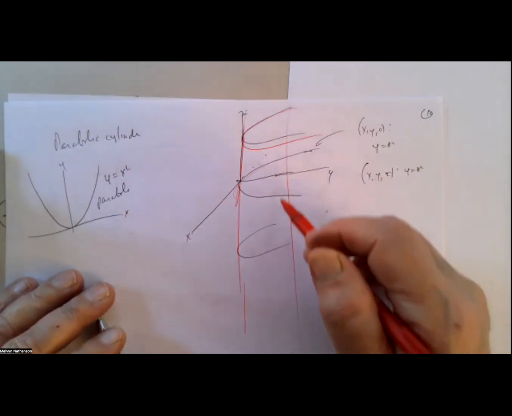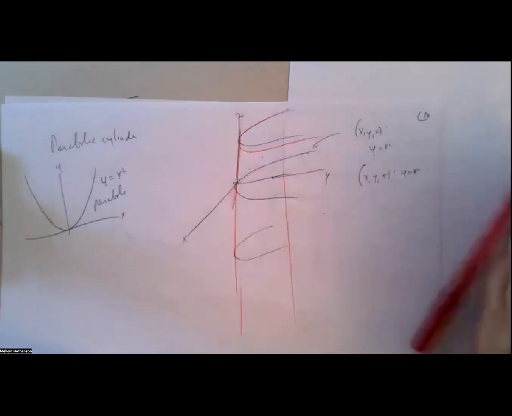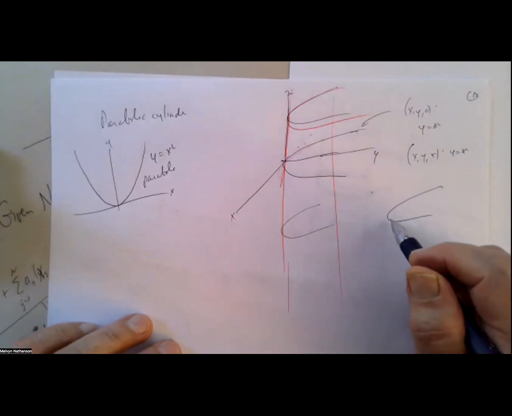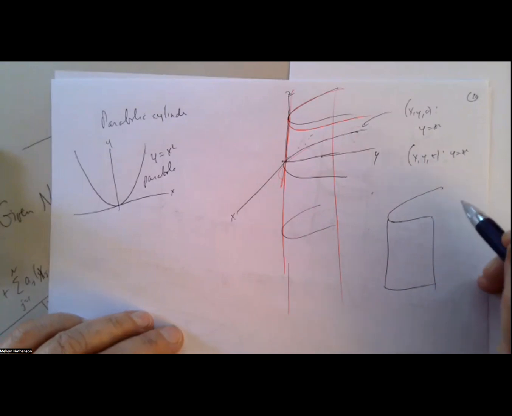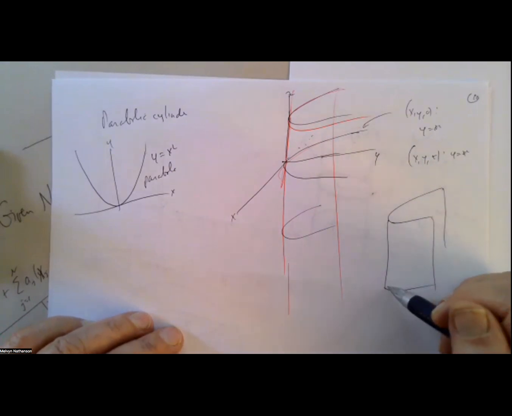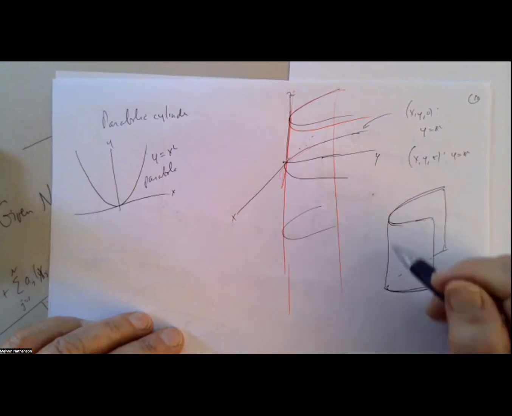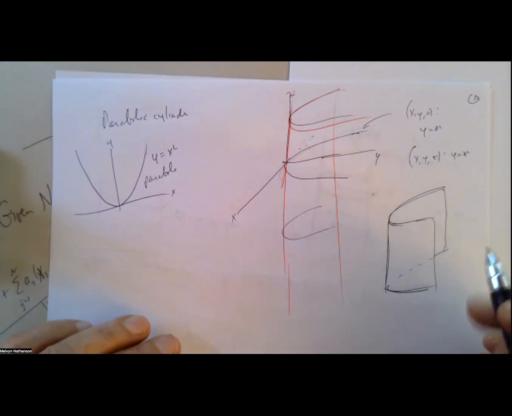It's hard for me to draw it. Yes, it looks something like this. This is the way the drawing in the book looks. This is your parabolic cylinder.